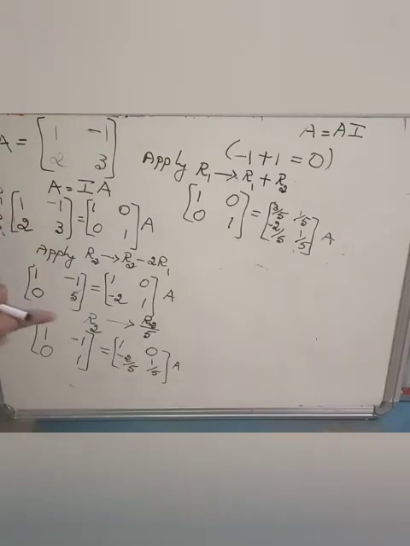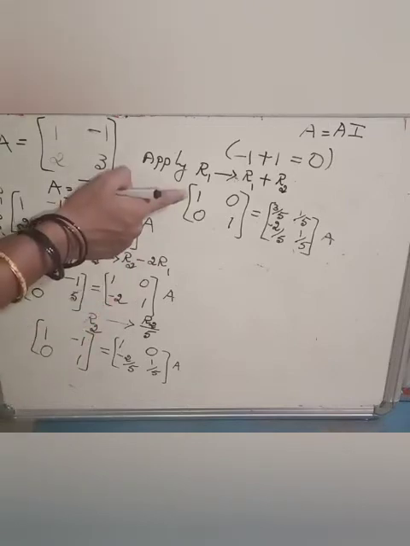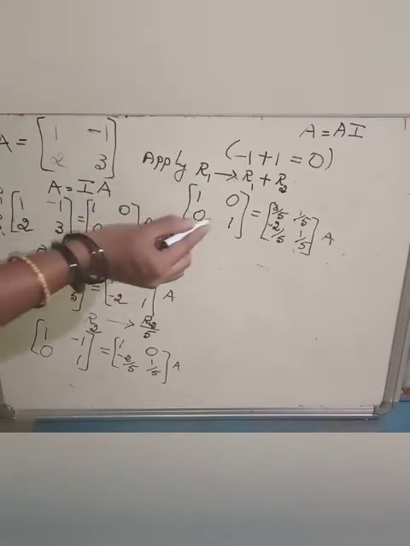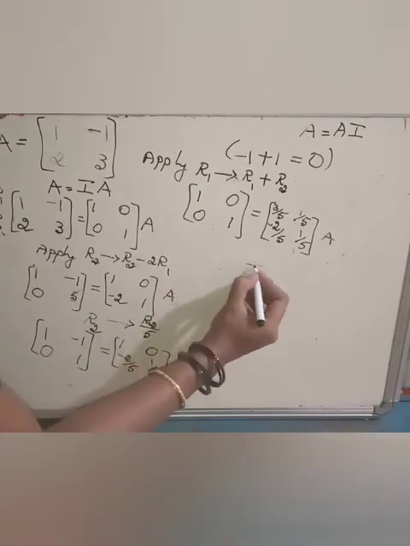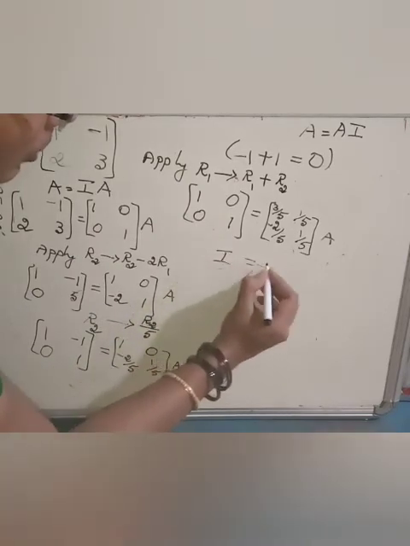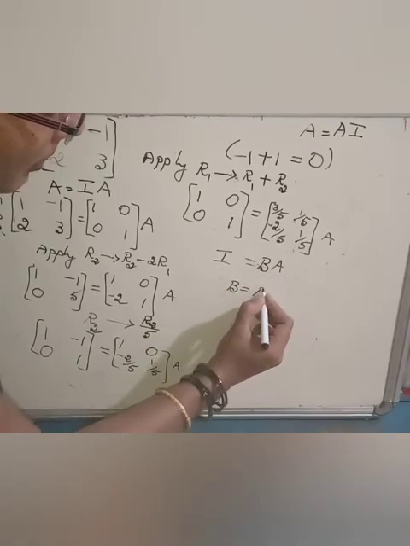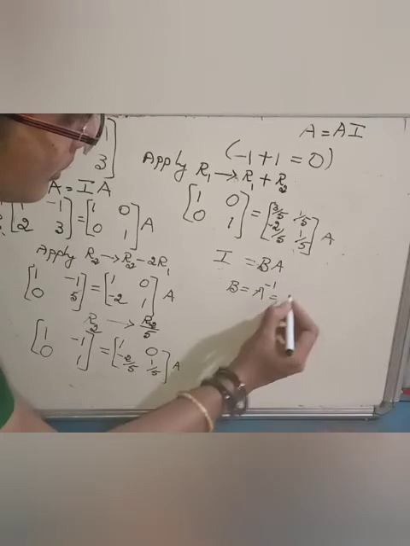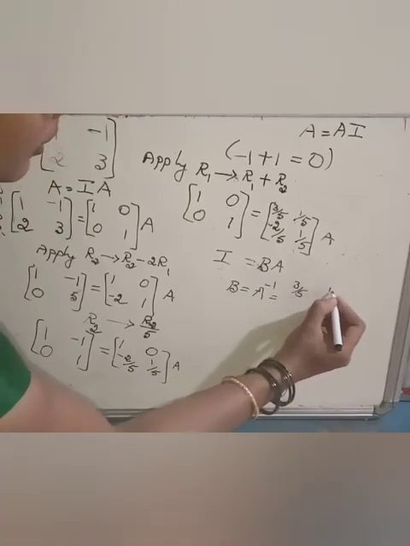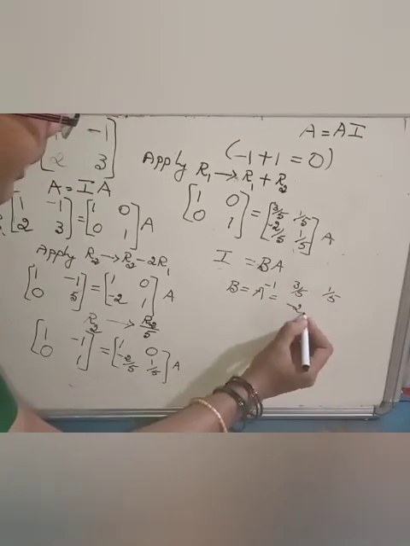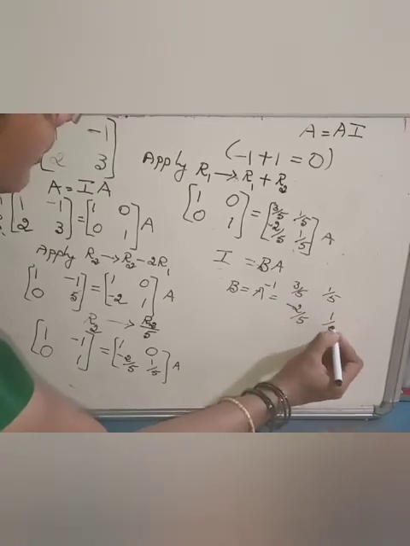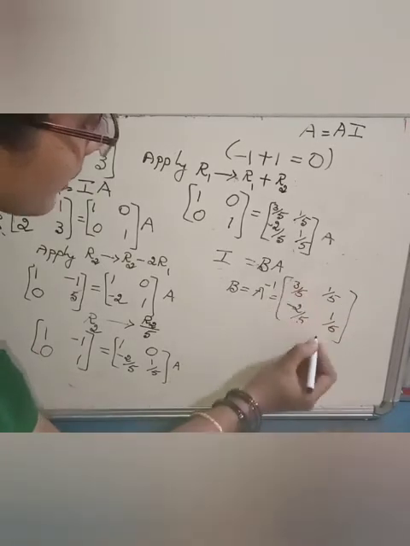So repeatedly apply the elementary operation. The matrix 1, minus 1, 2, 3 reduces to the identity matrix 1, 0, 0, 1. So this is nothing but I is equal to B into A. So B is nothing but A inverse, that is 3 by 5, 1 by 5, minus 2 by 5 and 1 divided by 5.